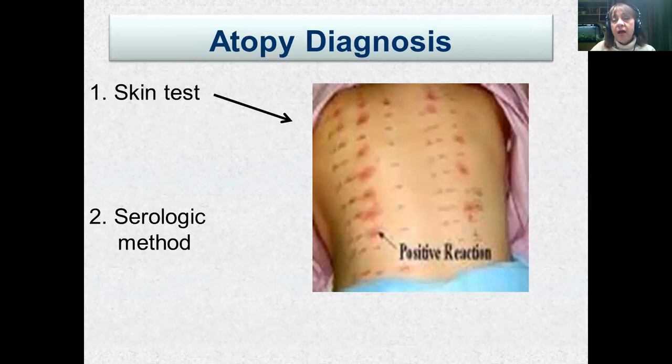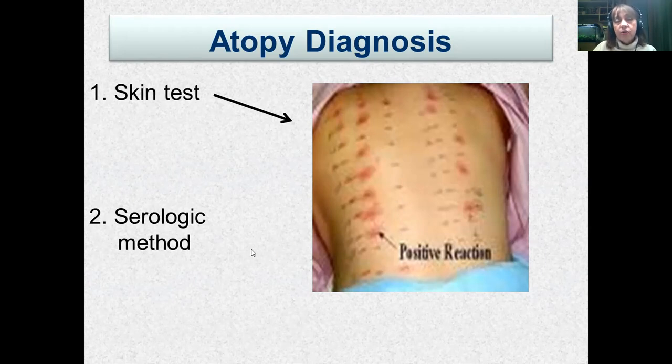It's very important to diagnose which allergen causes this condition in a human. We can perform skin tests for this purpose, injecting a small amount of allergen intradermally, and in some minutes we see the result. If we see a red spot, the reaction is positive, so the patient has hypersensitivity to this substance. If there is no red spot, no allergy.